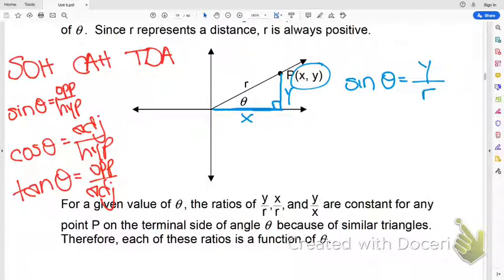R. Cosine. We're going to use adjacent over hypotenuse. The adjacent in my picture is x over r, right? And tangent is going to be what? Opposite is y over x.